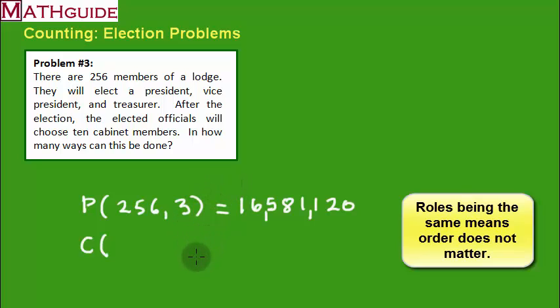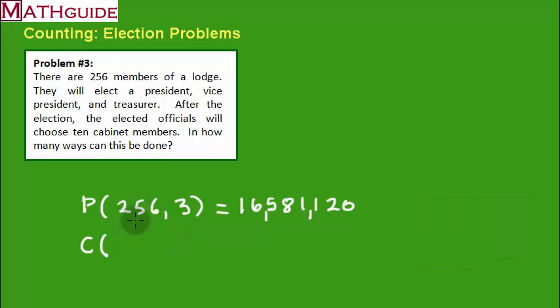All right, now what's tricky about this is, remember, out of the 256 people, 3 have now been chosen. So there's now 253 people that are left to choose these 10 cabinet positions. Okay, so out of the remaining pool of available people, which is 253 now, we're going to take 10 of them. I'm going to place this into a calculator and see what the number is going to be.